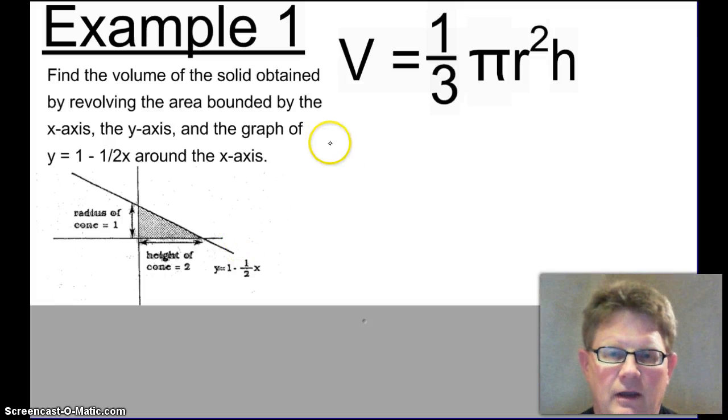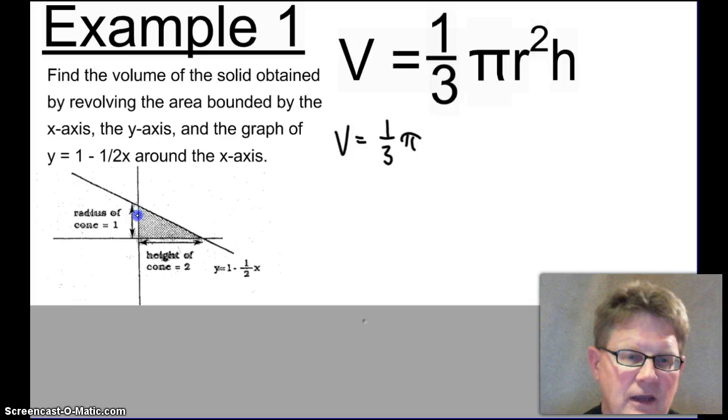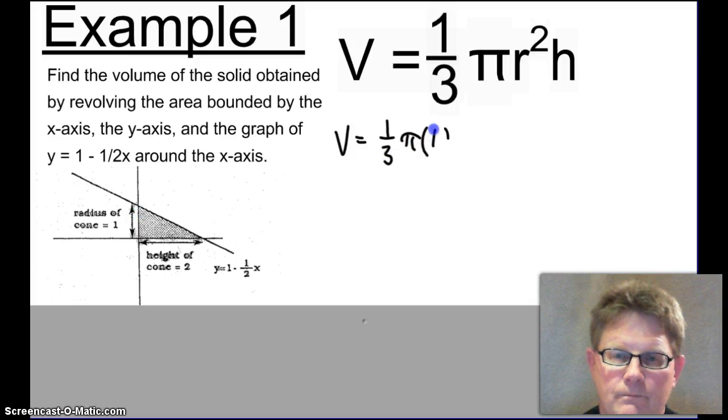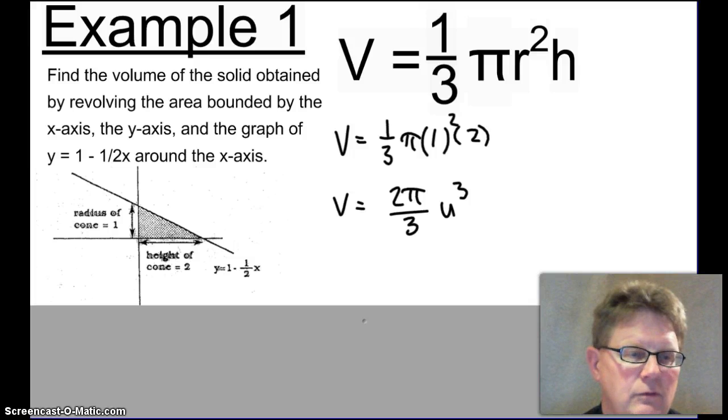The volume of that cone equals 1/3 times pi times the radius squared times the height. The radius of that cone is 1, and the height of that cone is 2. So the volume equals 2 pi over 3 units cubed.